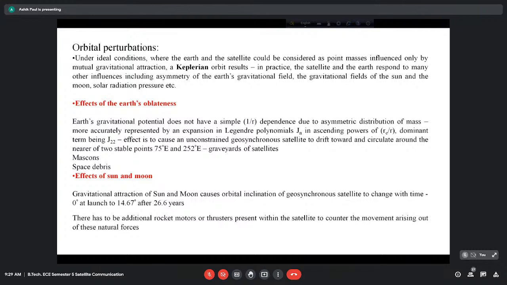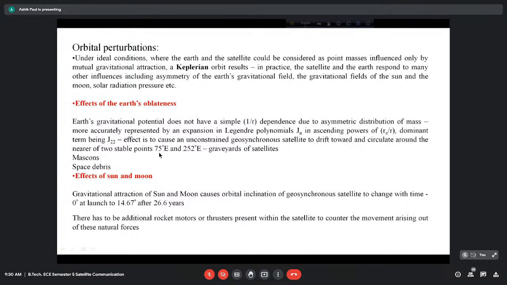That is, within the surface of the Earth, there are certain regions where the mass density is found to be more than in the surrounding areas. Those regions are referred to as mascons.